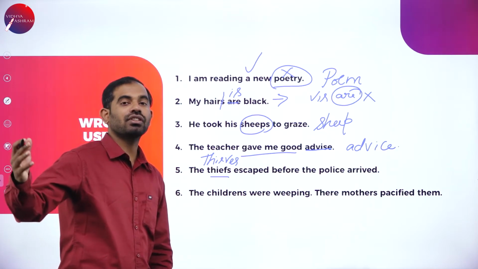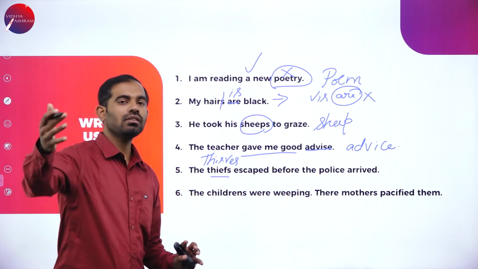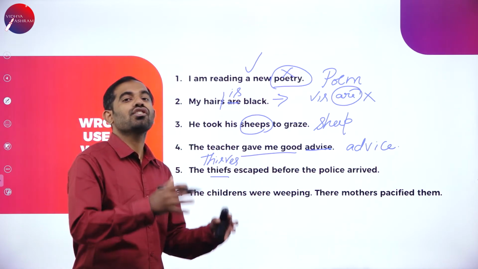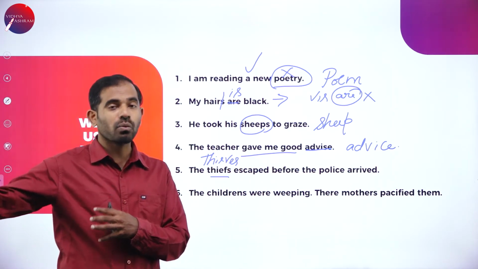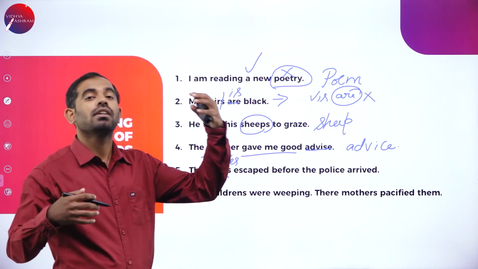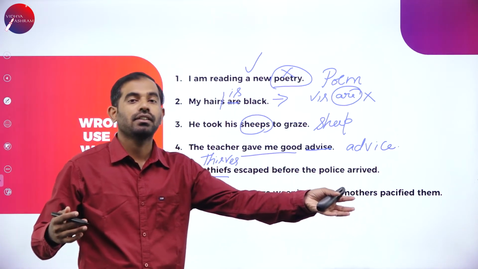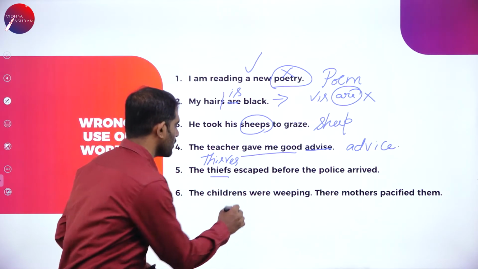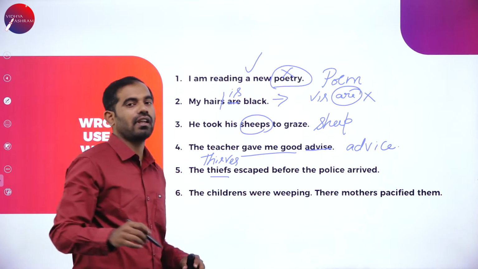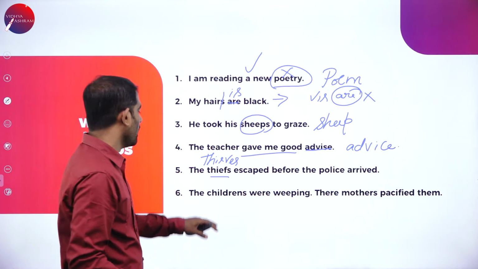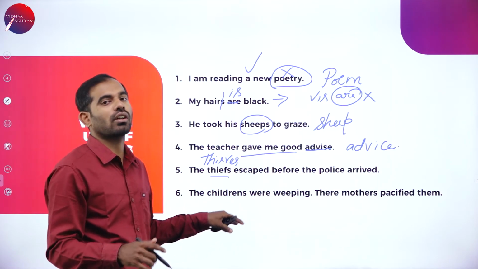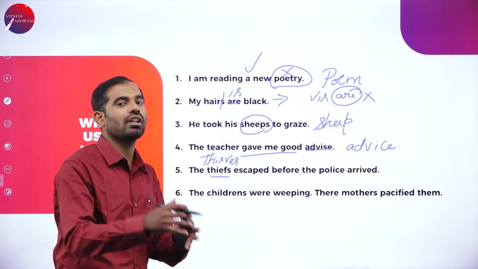The children come here. Now, children come here. Child, children. Children's parents are waiting there. It is not children's. It is always used with S apostrophe or apostrophe. If we use children's without apostrophe, then it is wrong. Child is singular, children is plural.